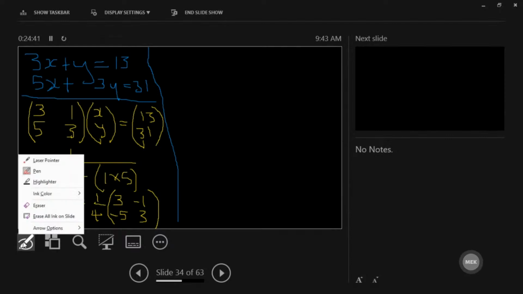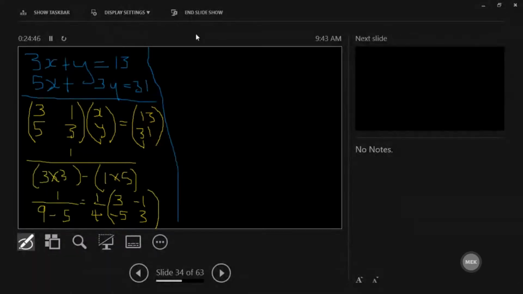So we're going to write the inverse now. A quarter, 3, -1, -5, 3, times 13 and 31 equals x y.